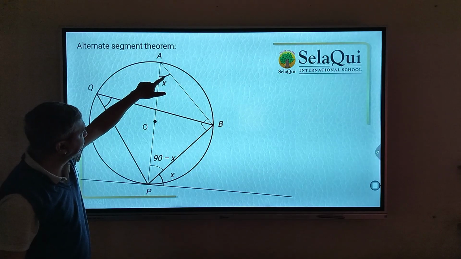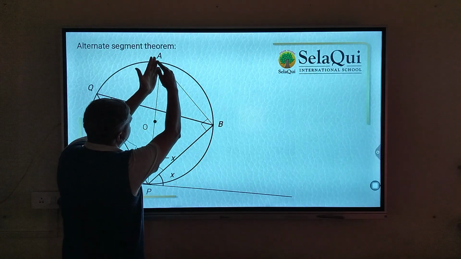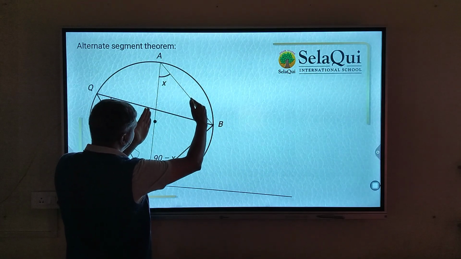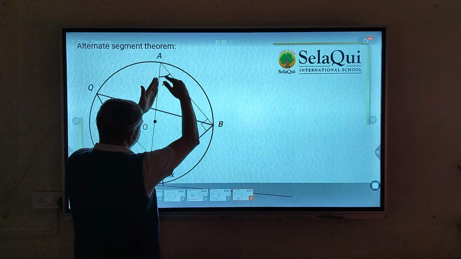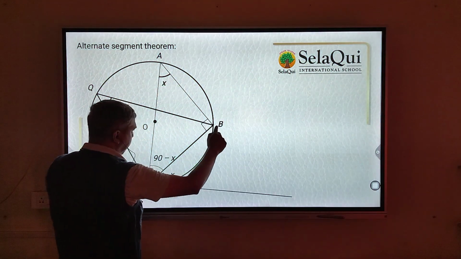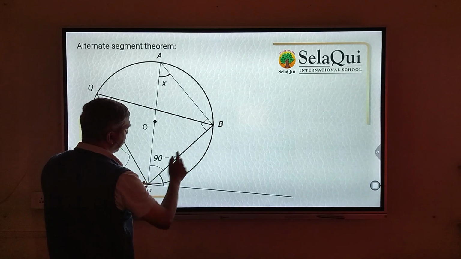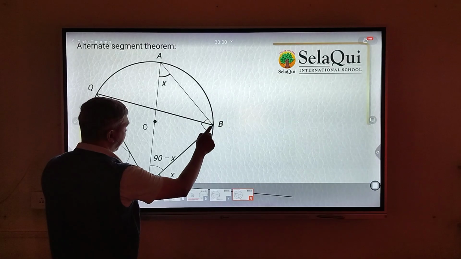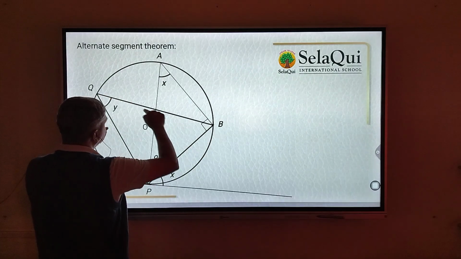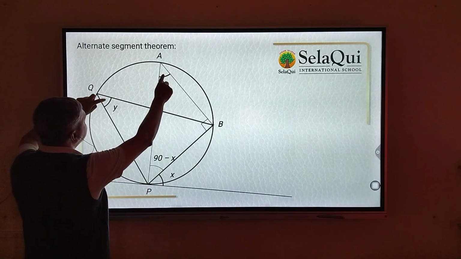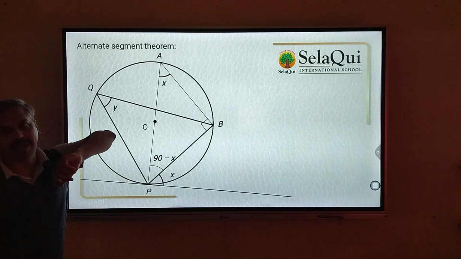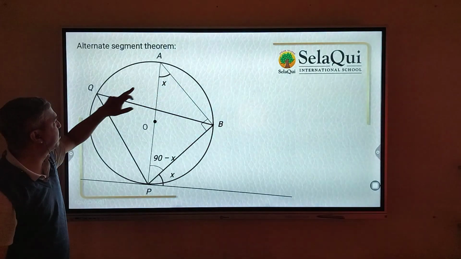If this angle is x, please note this. This angle is subtending an arc or segment PB. And the same arc is subtending an angle here as well. So the angles in the same segment must be equal angles. So x must be equal to y.